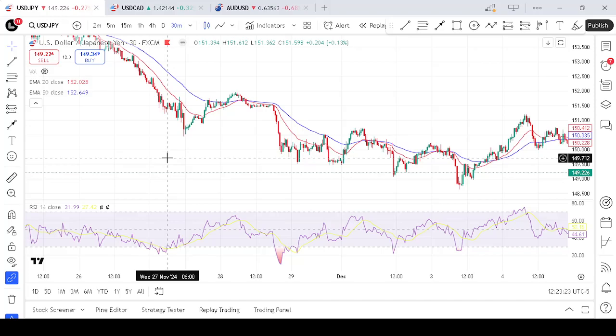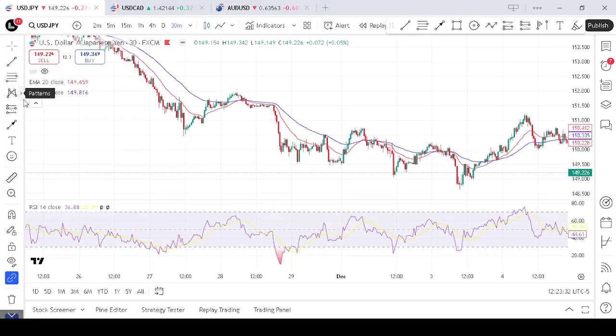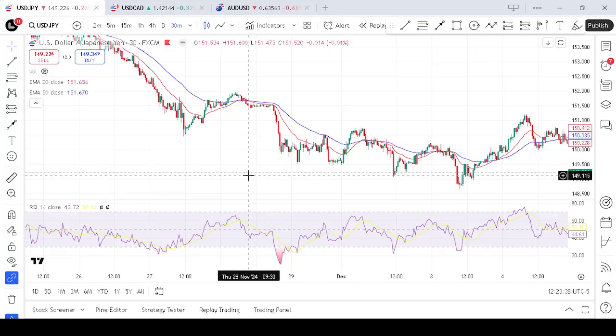Let's look at how we can take a trade using this strategy. Let's break down the 30 minutes trading strategy into clear and actionable steps that you can implement right away. So pay close attention as each step builds upon the previous one and creates a robust trading system.